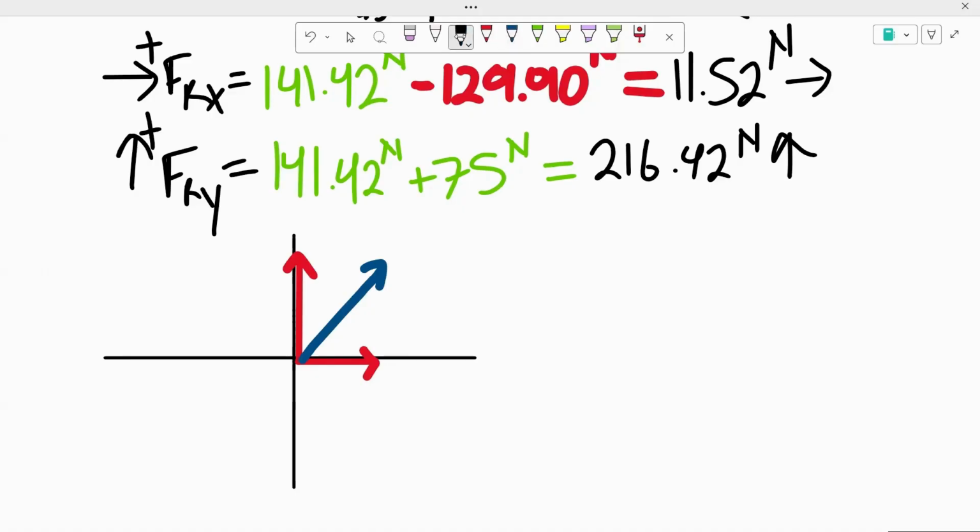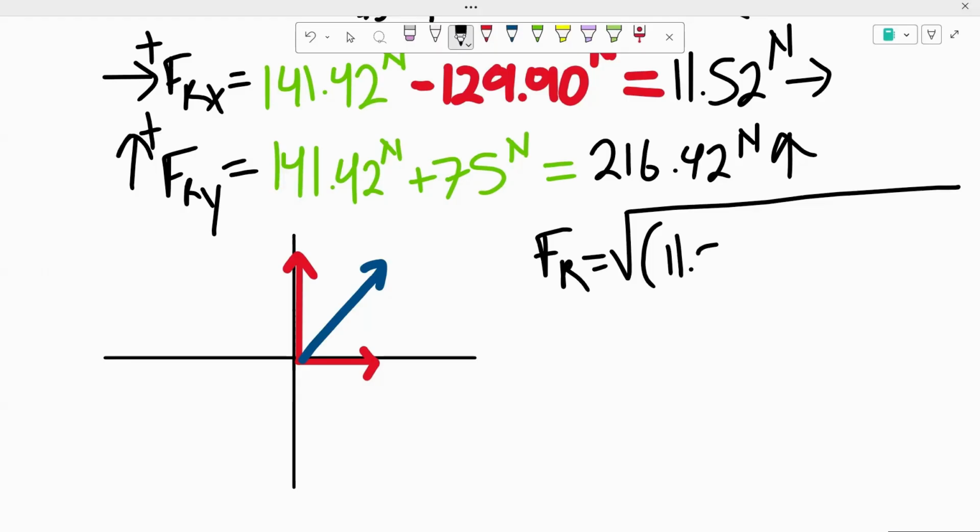So to find the magnitude of our resultant force, we do F_R is equal to the square root of 11.52 squared plus 216.42 squared.